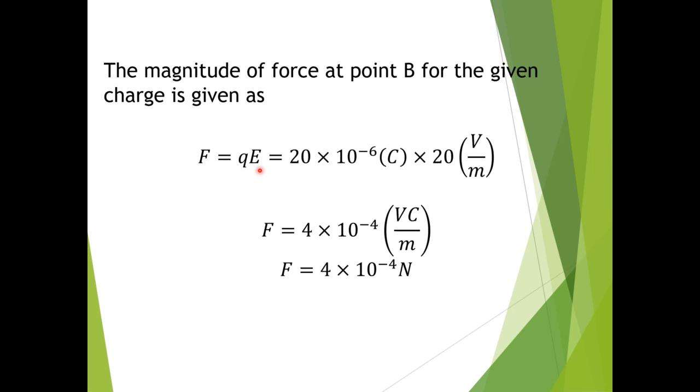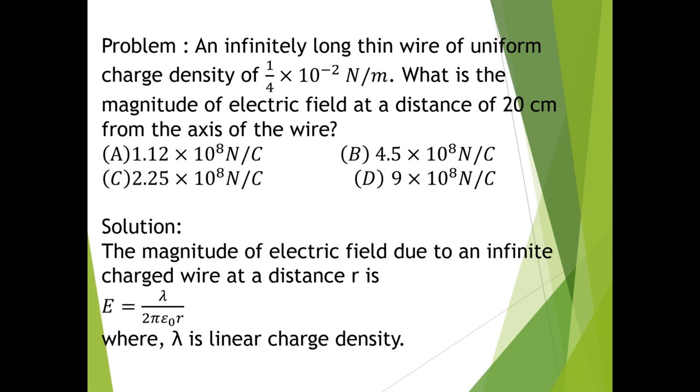So we get 20 microcoulomb, so we have this 10 raised to minus 6 factor over here, multiplied by the electric field. If you calculate, then we get the magnitude of the force as 4 into 10 raised to minus 4 Newton. Look at the next problem.